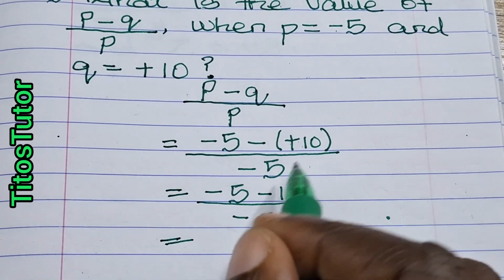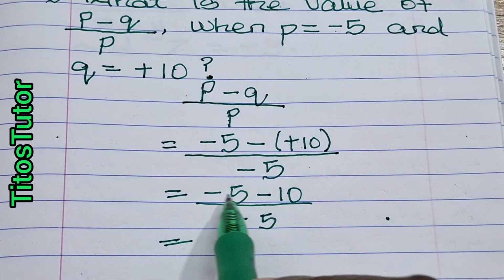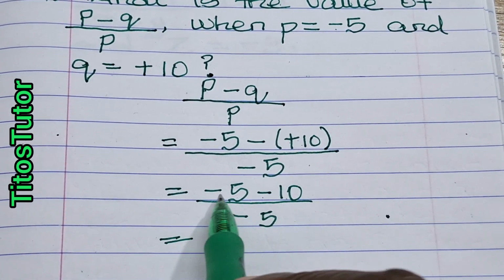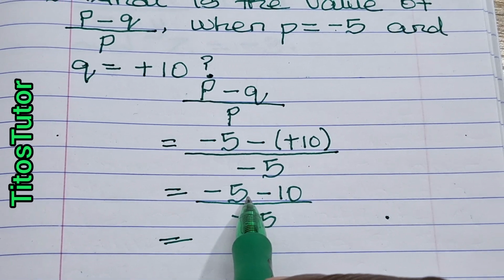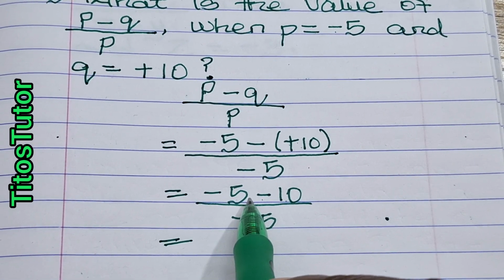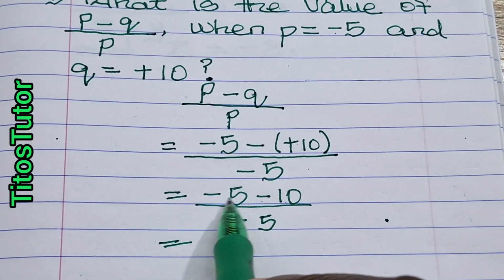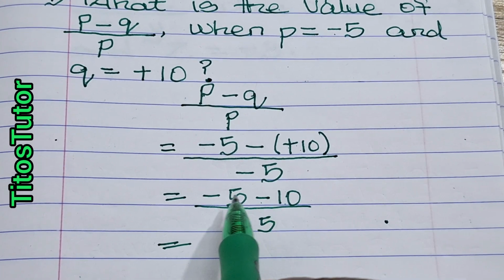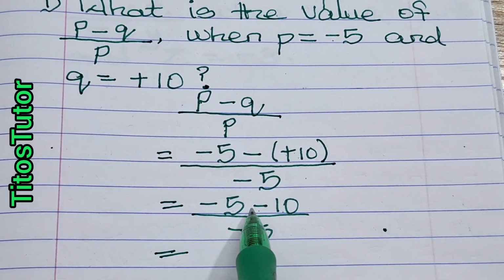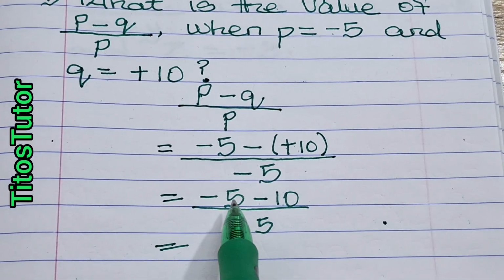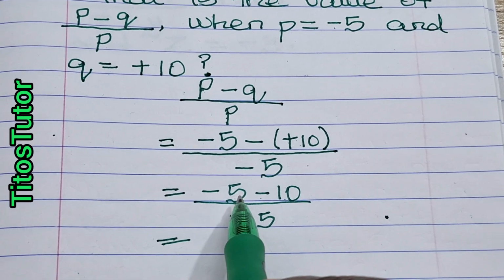And numerator first, so let's go. -5, -10. They're just standing side by side. They are not multiplying each other. So directed numbers say that two numbers standing side by side with the same sign, you always add and the sign still remains.